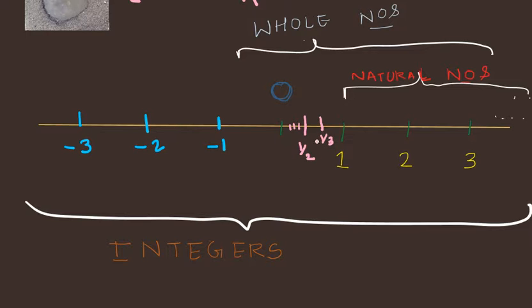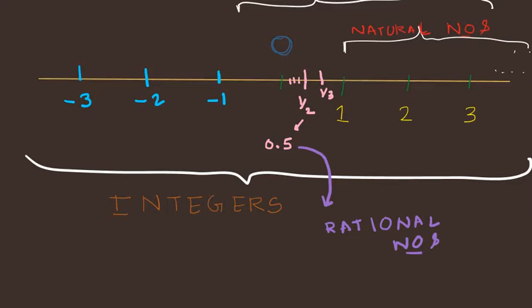So these are fractions, or they can also be expressed in decimal form, like half as 0.5. So the fractions or decimal forms are called rational numbers. So rational numbers are nothing but fractions of integer upon integer.